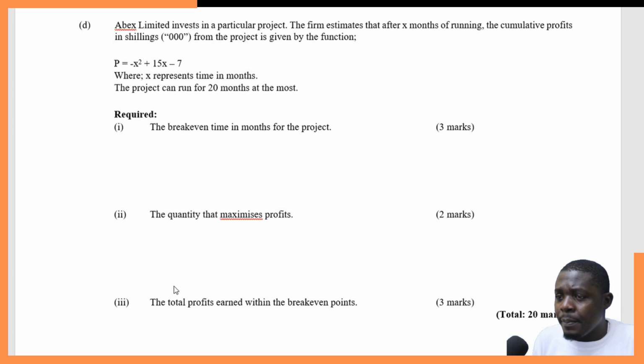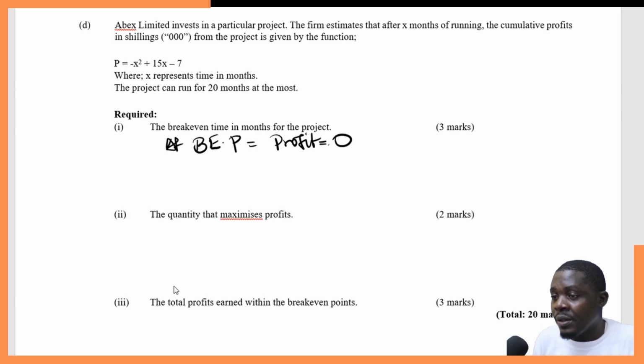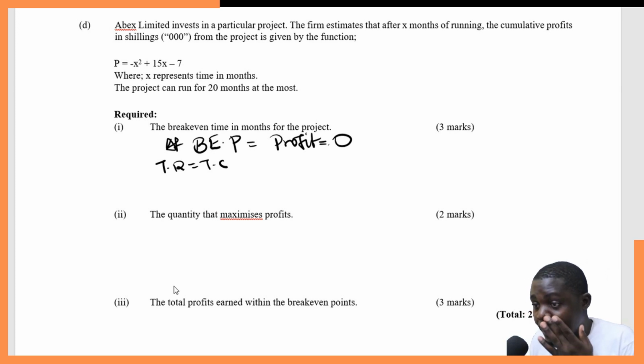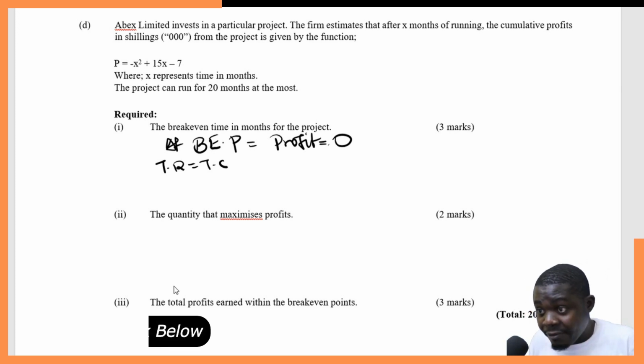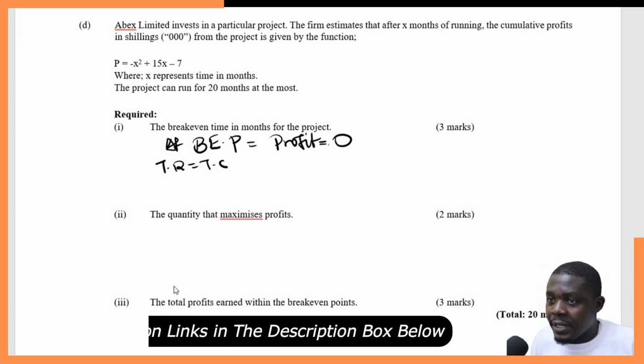At a break-even point, remember the profit is equal to 0. Why? Because the total revenue is equal to total cost. Meaning at a break-even point, the firm does not make a profit.